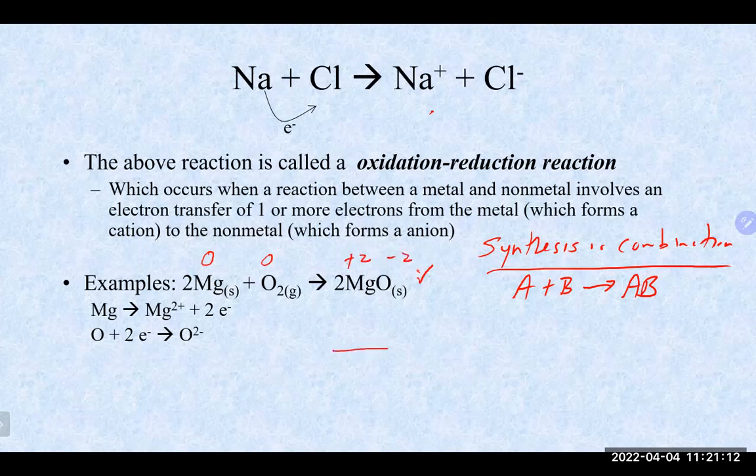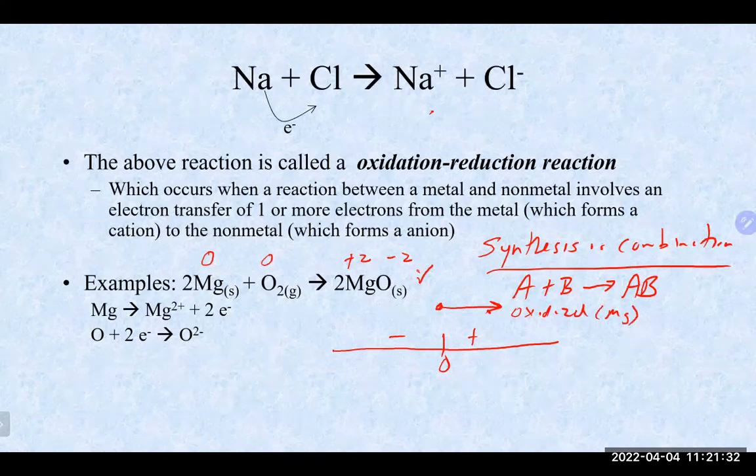And again, if you were trying to figure out what is being oxidized and what is being reduced, the magnesium is starting at 0 and ending at +2. So the magnesium is being oxidized in this case. The oxygen is starting at 0 and ending at -2, which means it's going to the left here and becoming more negative, and it is being reduced in this case.